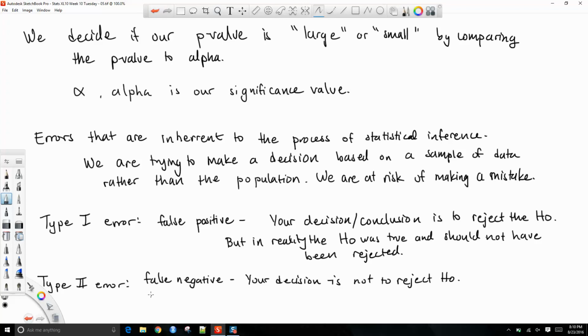In reality, the null hypothesis is false and should have been rejected. These are the errors that we can make. Ideally, when we reject the null, it's because the null should be rejected. And ideally, when we choose not to reject the null, it's because the null should not be rejected. But if we make the wrong decision, those are errors.